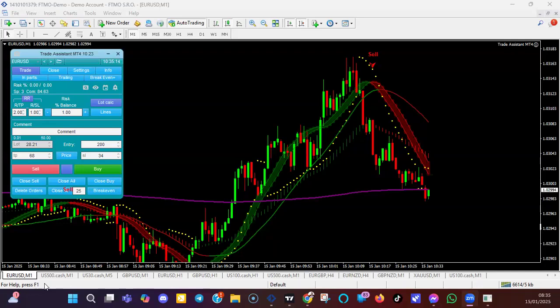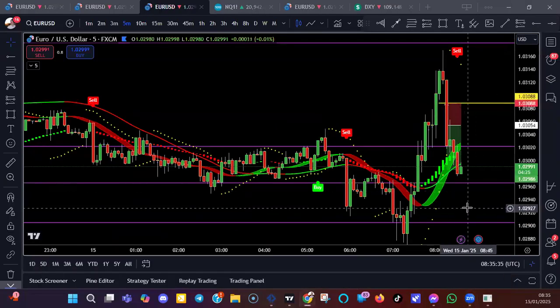The challenge for you is to determine if it is a good time to trade. We've got all the clues there. Is price going into, on the 5-minute time frame, is it going into the zone? All the clues are there.